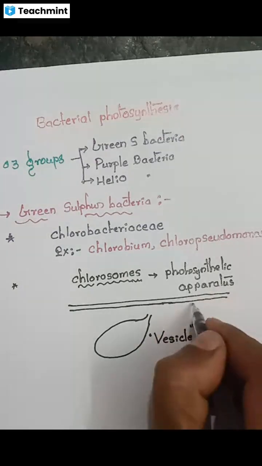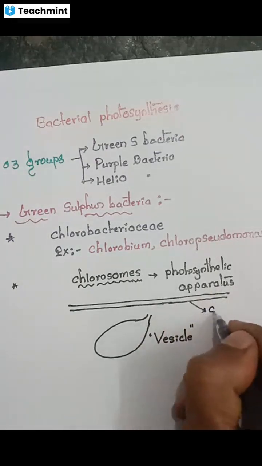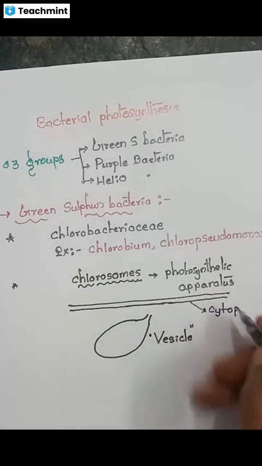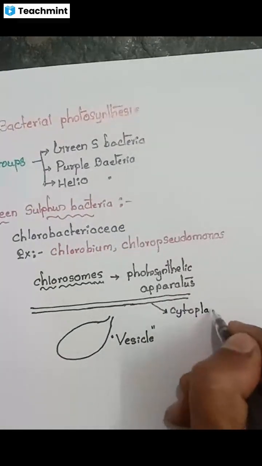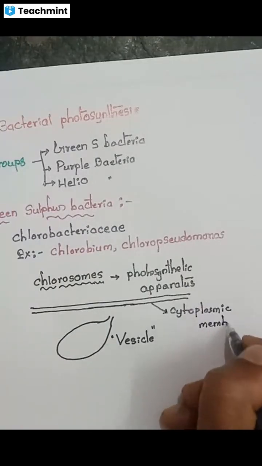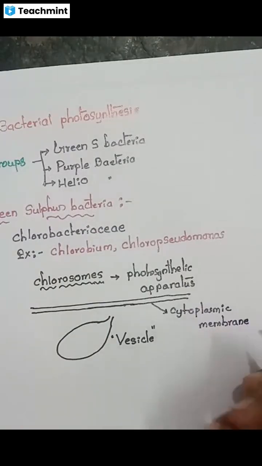Chlorosomes are photosynthetic operators in green sulfur bacteria.